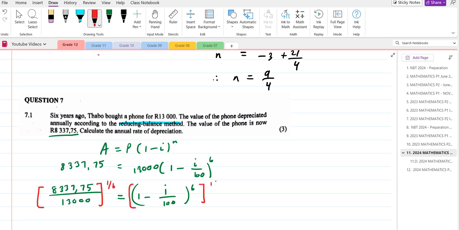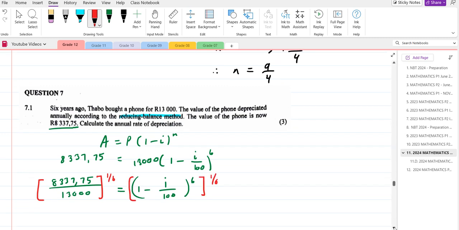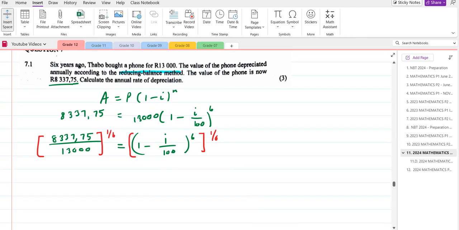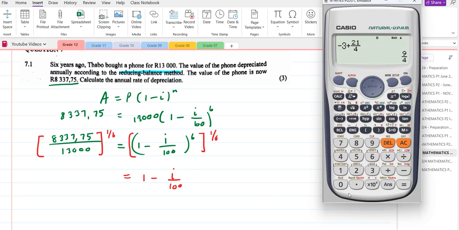It's the same thing as taking the 6th root. So on the left hand side I've got 1 minus i over 100, and on this side I've got all of this, right? So let me just calculate this value here. I'm going to take the answer to 4 decimal places, alright?